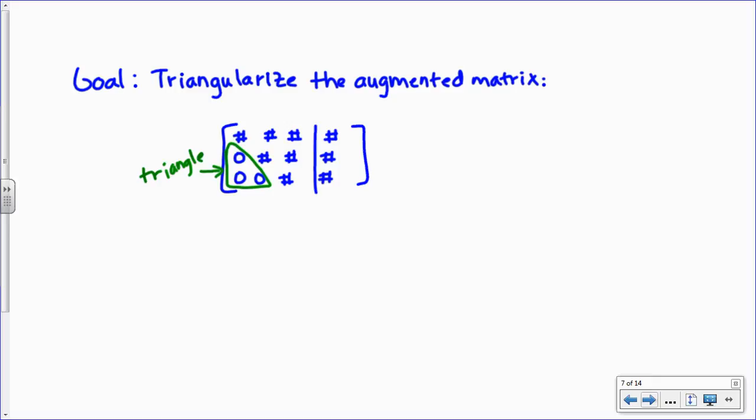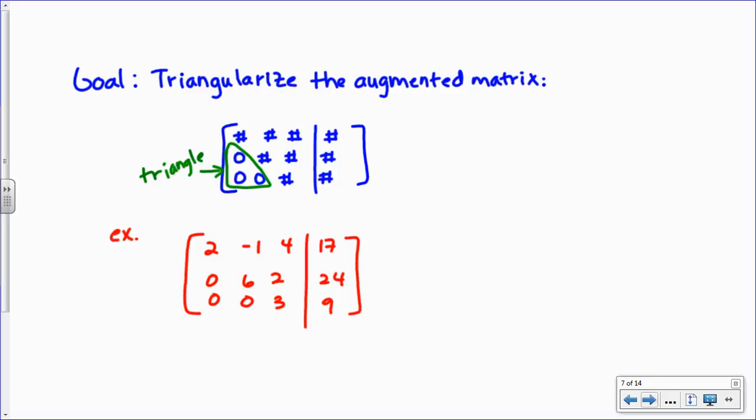So for example, we'll be given a system. You write it as an augmented matrix, and then you triangularize, you get these triangles of zeros. So that's after we've done a little bit of work. And let's say this is what we get. So after we've done those row operations, which we'll practice next time, we get our triangle.